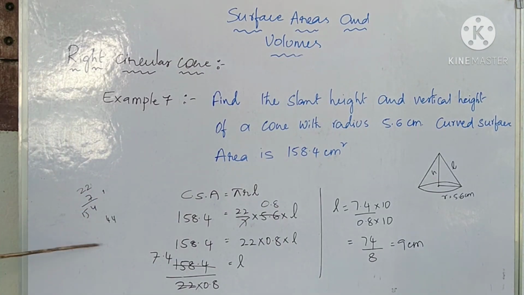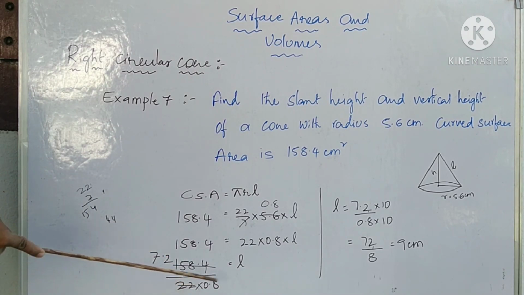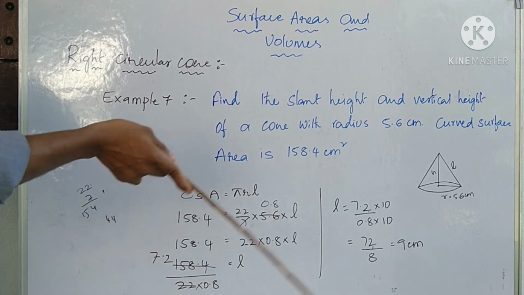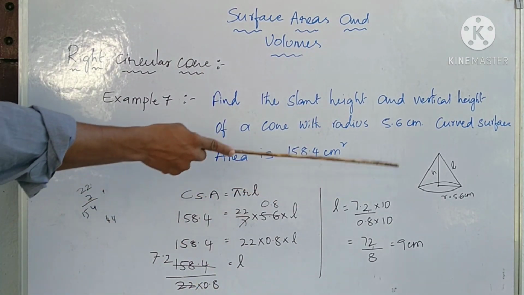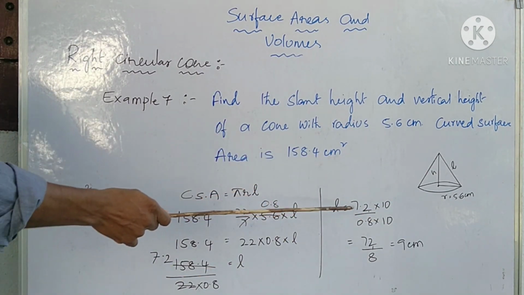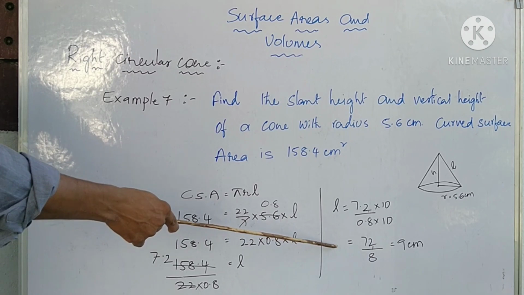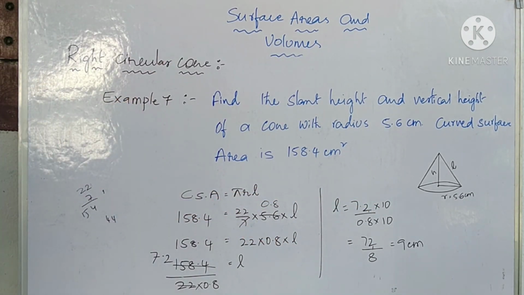Here 22 sevens are 154, remaining 4, so 22 twos are 44. So L equals 7.2 into 10 by 0.8 into 10. We have to remove these decimal points, so that is equal to 72/8. The result is 9 centimeters.